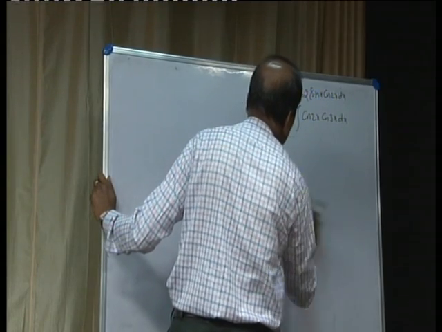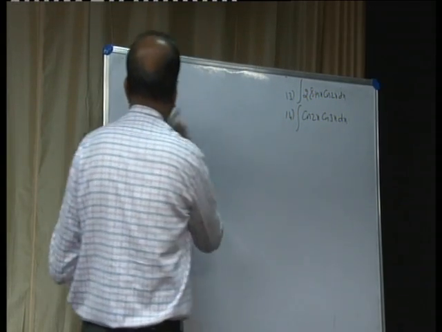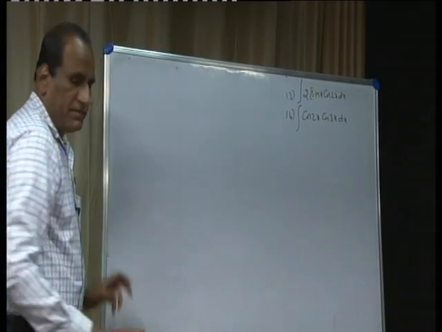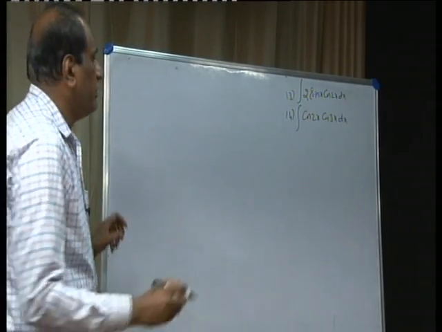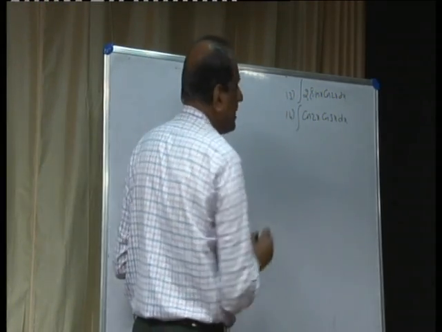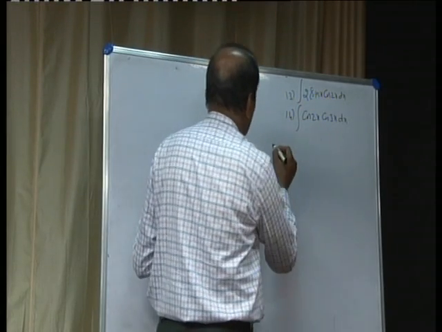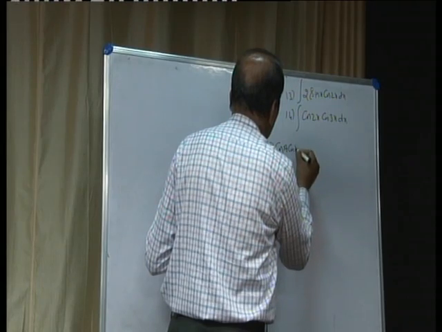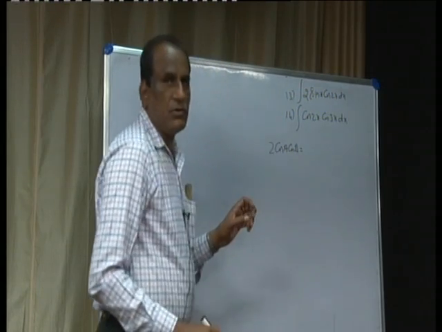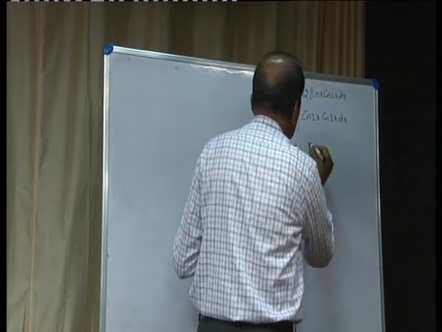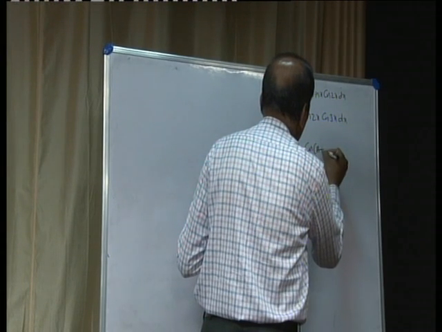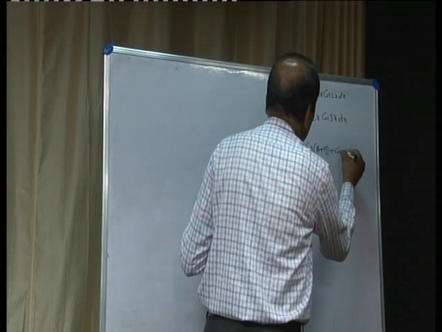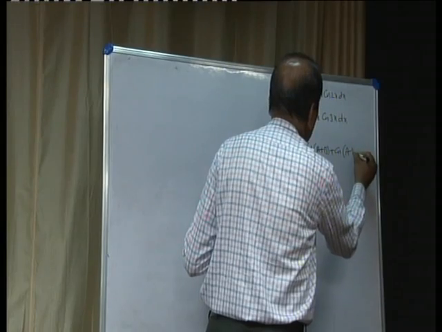Cos 2x cos 3x. Which formula should be used to transfer the product into a sum or difference? Here 2 cos a cos b is equal to cos of a plus b plus cos of a minus b.